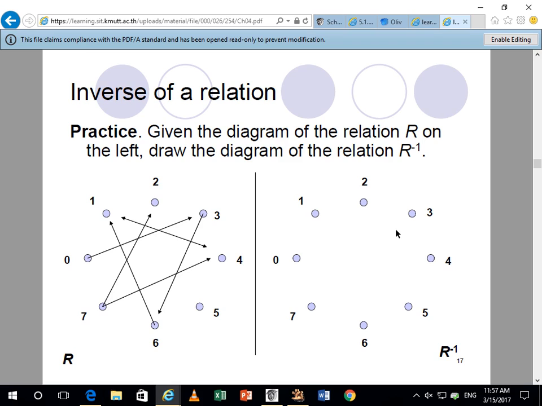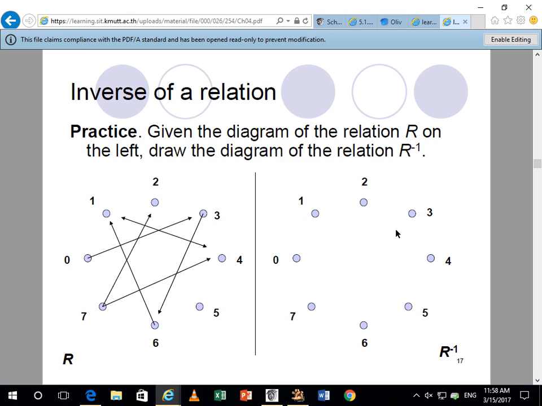So if you want to be less confusing, you can draw two arrows. One this way and another one this way. But this is what this means. So here it's only 0, 3. It's not 3, 0. But in this case, we have 1, 4. We also have 4, 1.